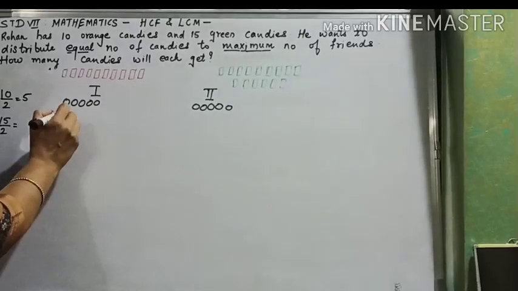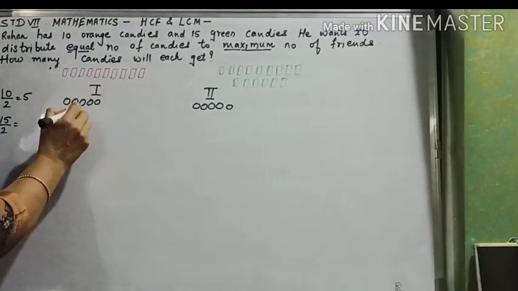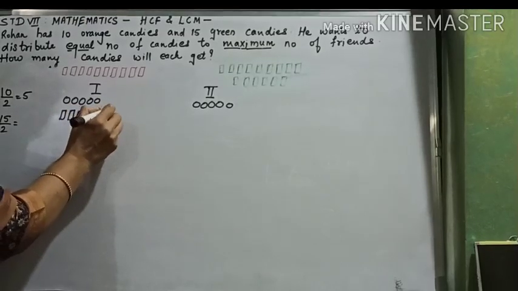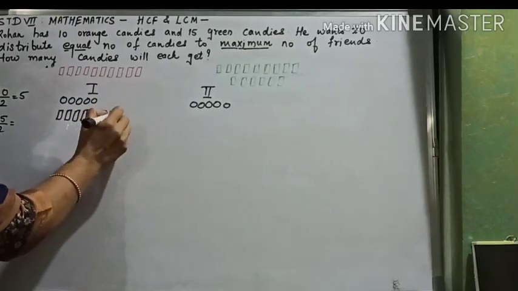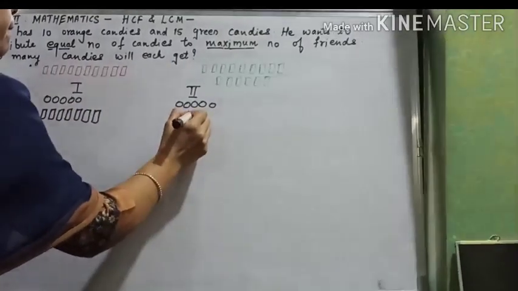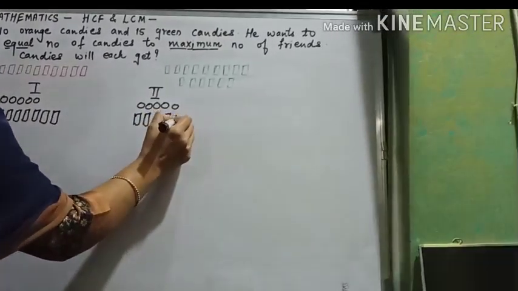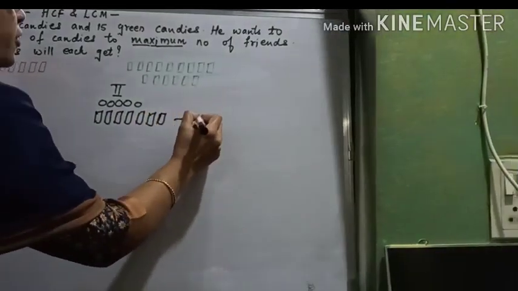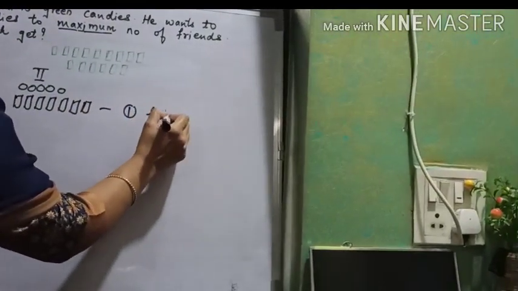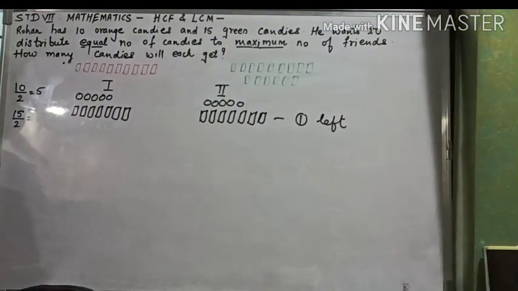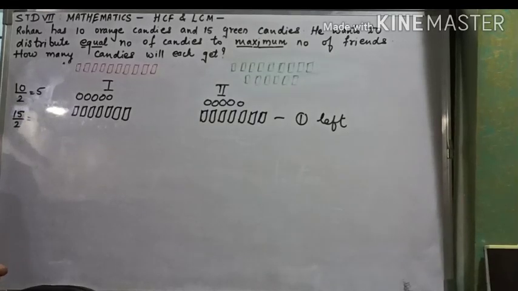So each will get 7 green candies. But one is left. So he doesn't want to distribute in such a way. He wants to distribute to more friends.